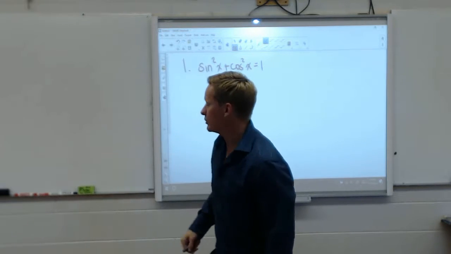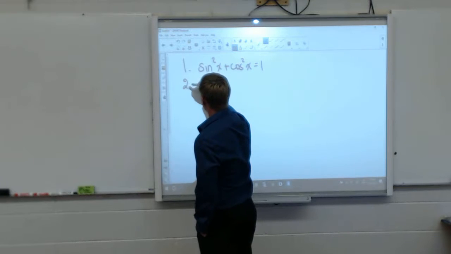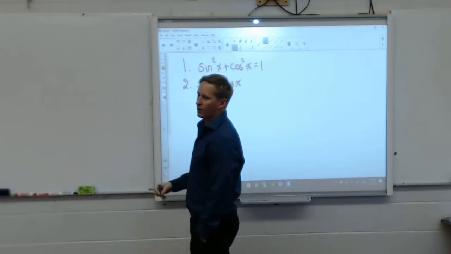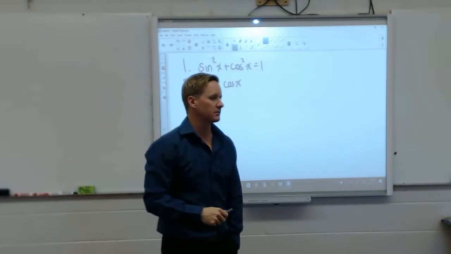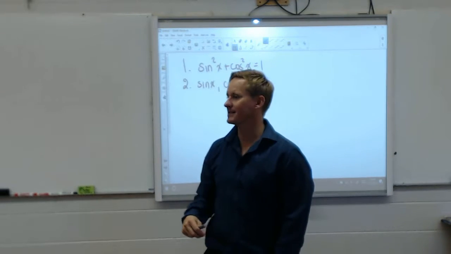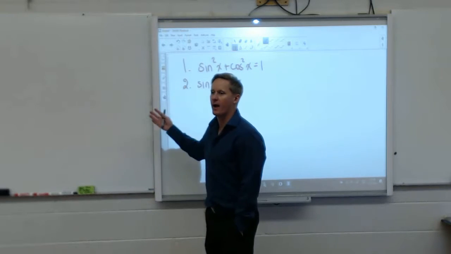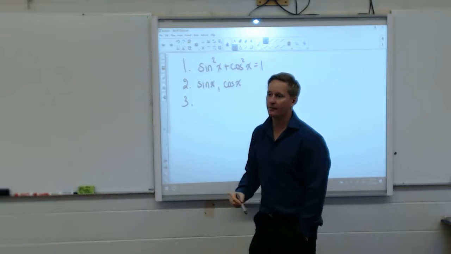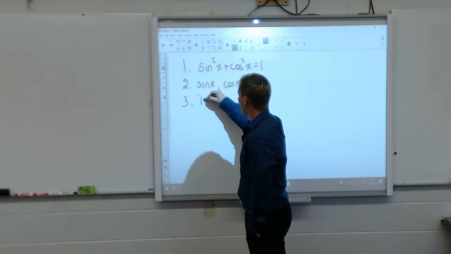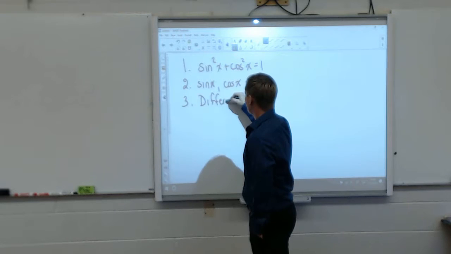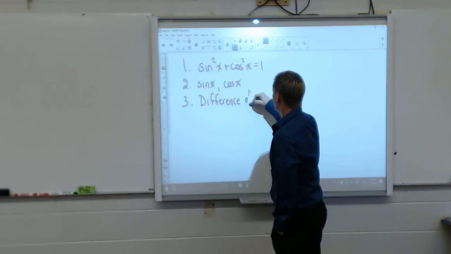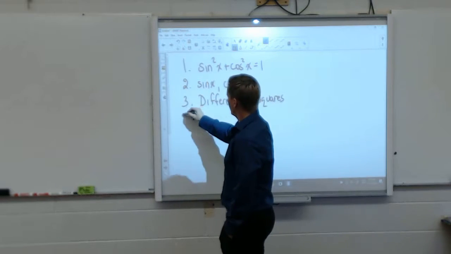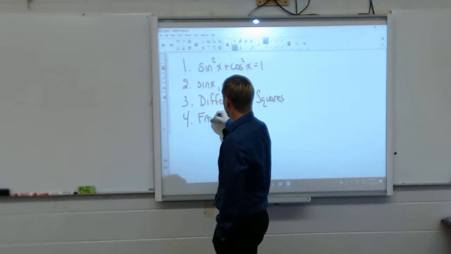The second thing is, if they're all single, change them all to sines and cosines, because that's the simplest form of the expressions that you have. Third, and now I'm going to get a little more in depth with you, and I'll add to this list after: difference of squares. Four, factor.